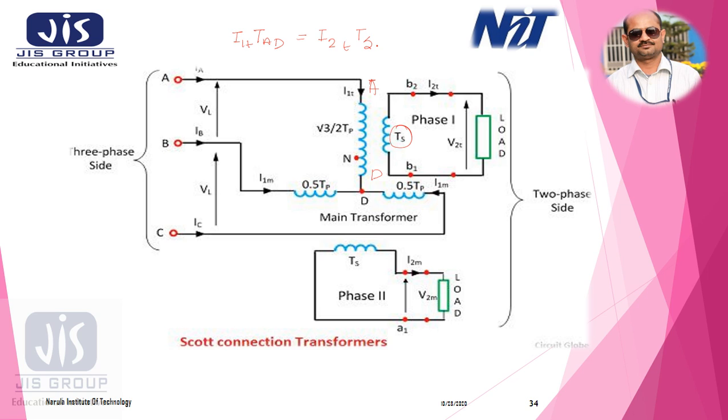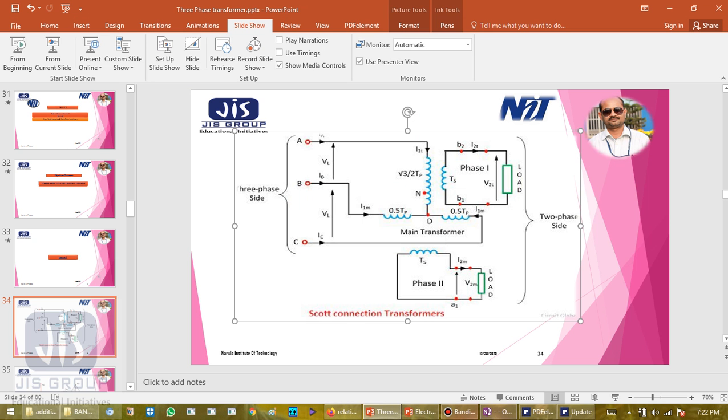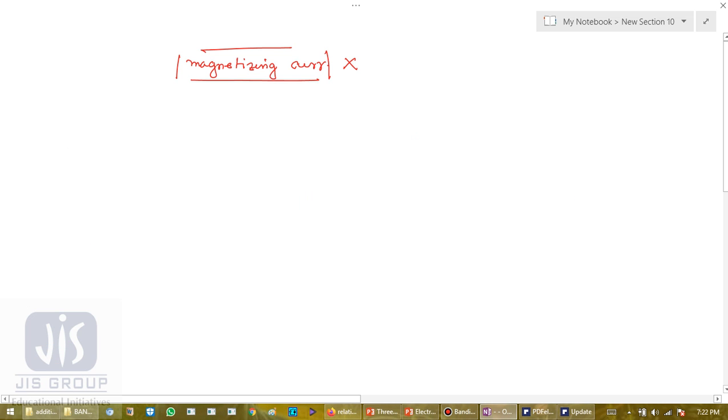TS is the secondary number of turns of the teaser transformer. So we got this relation. Let me write it once again: I1T TAD equals I2T TS. This is the MMF balance equation of the teaser transformer.